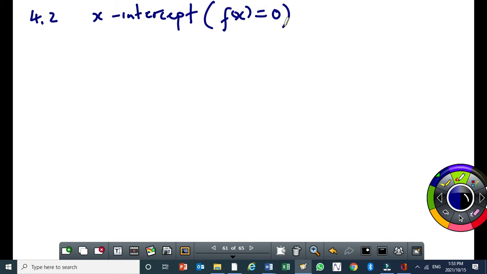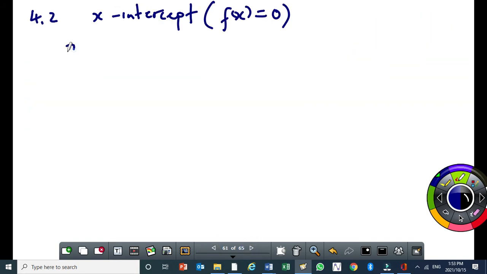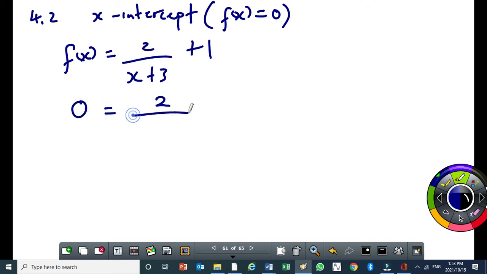So my equation is f of x equal to 2 over x plus 3 plus 1. If I want to find the x-intercept, I have to substitute f of x to 0, so I'll put 0 there, equal to 2 over x plus 3 plus 1.